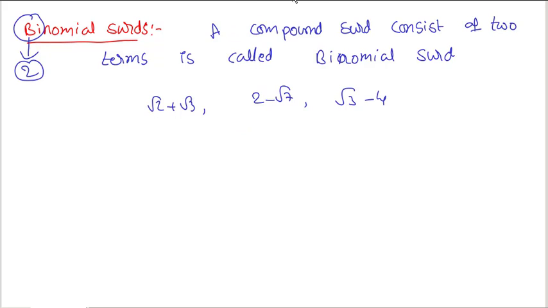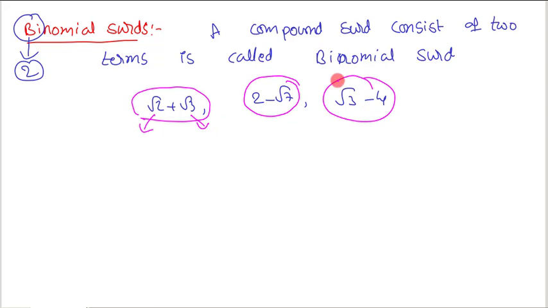In the first example we have root 2 plus root 3, here root 2 is a surd and root 3 is also a surd. But in the second and third examples, the first term is a rational number and the second term is a surd. That means in the binomial surds, it is not necessary that both terms are surds.